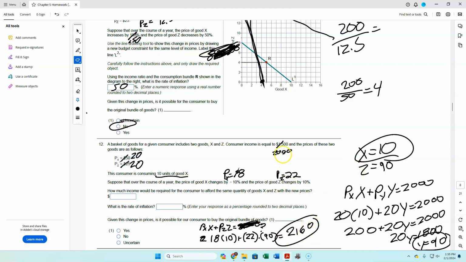So I'm going up from 2000 to 2160. So my income is 2160.